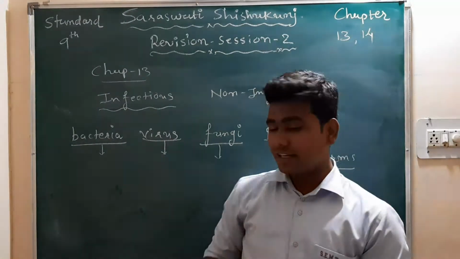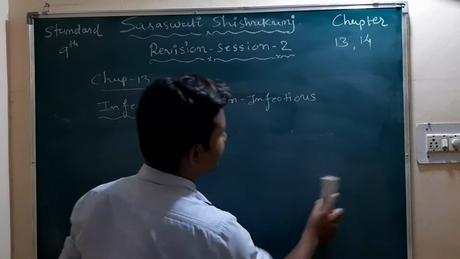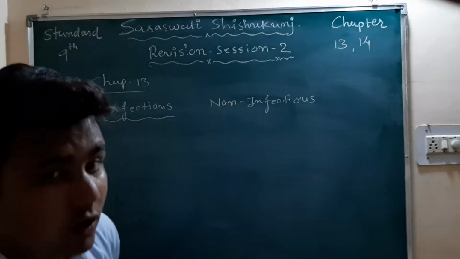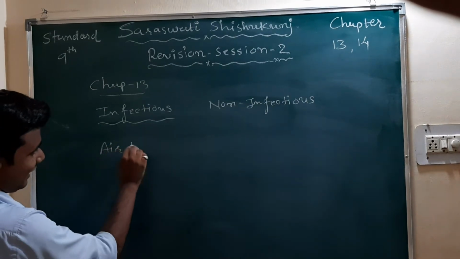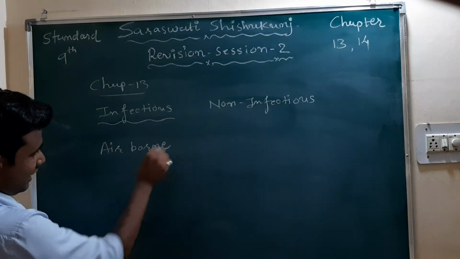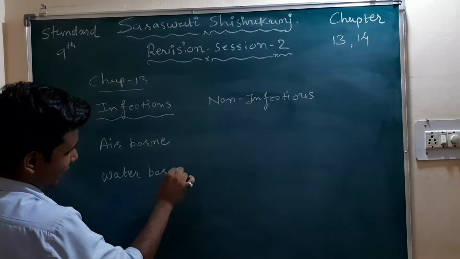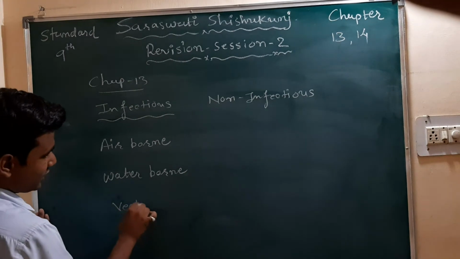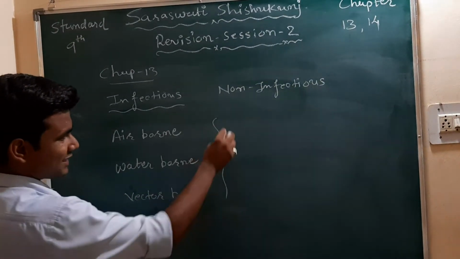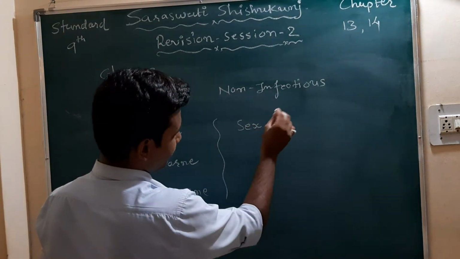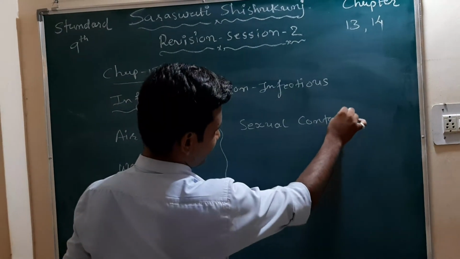Now, in this section we are going to discuss how infectious disease is spread, or the means of spread of disease. Generally we know that some diseases are airborne, some are waterborne, some are vector-borne, and some diseases are spread due to sexual contact.